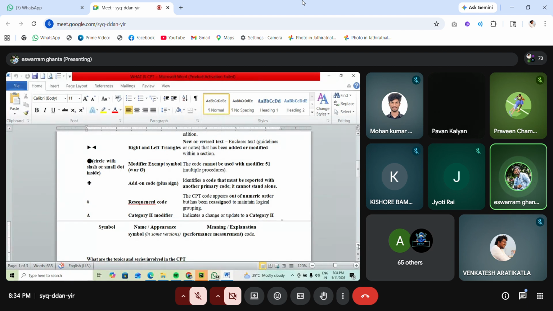Like that, there is a sequence, right? Numbering sequence, numbering format. Like after 1,000, 1,001, after 1,002, 1,003. But if any of the sequence is missed, that means any number is skipped and placed in any other place in the CPT, that code is considered as the resequenced code. That code is called the resequenced code.